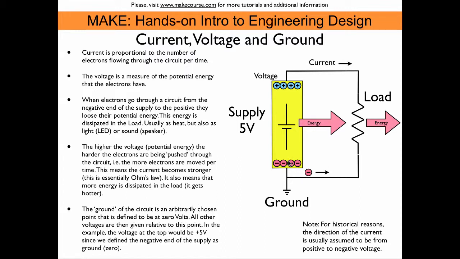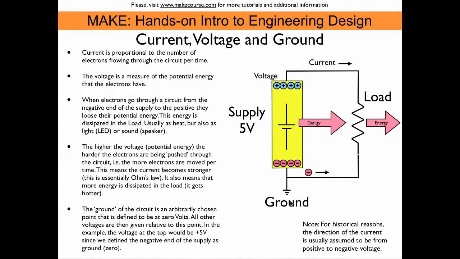The higher the voltage, the more electrons, the faster the electrons are being pushed through the load, and that of course generates a higher current. If we have a higher current, we also dissipate more energy, so the load gets hotter.